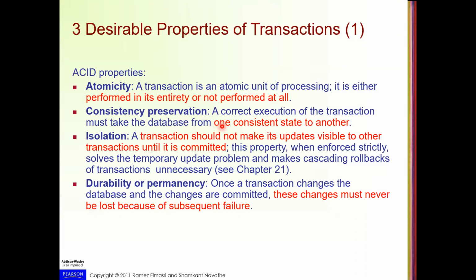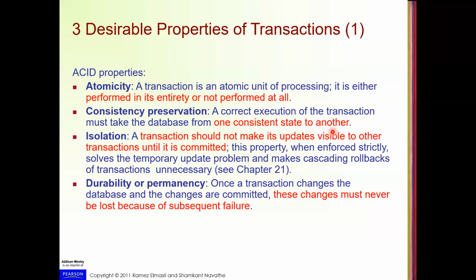Consistency preservation means a correct execution of the transaction must take the database from one consistent state to another consistent state. It means the database was working properly in the morning. You have executed transaction one, and the execution of this transaction should bring your database from the previous state to the new state in a consistent manner.